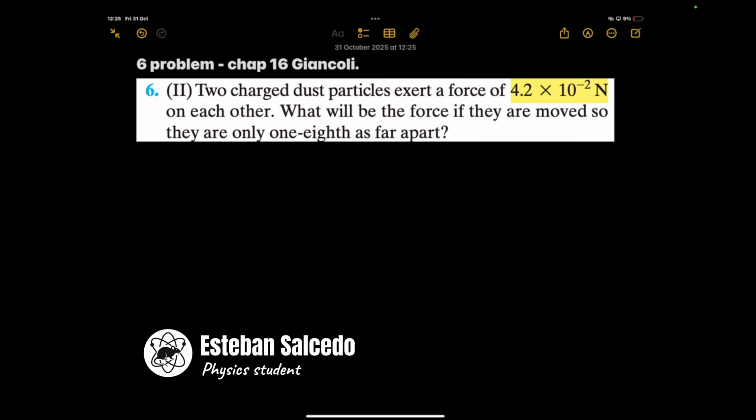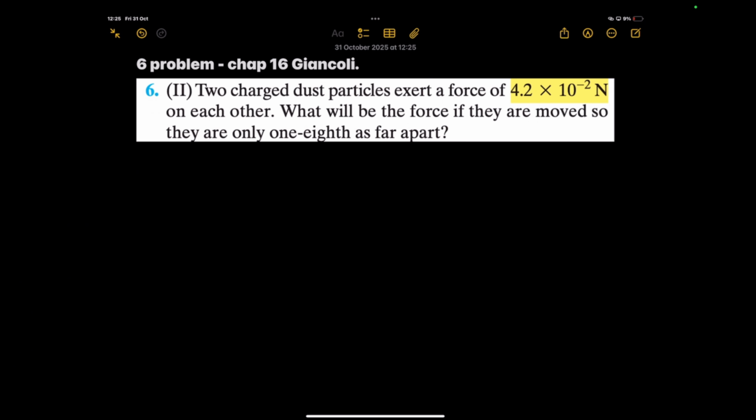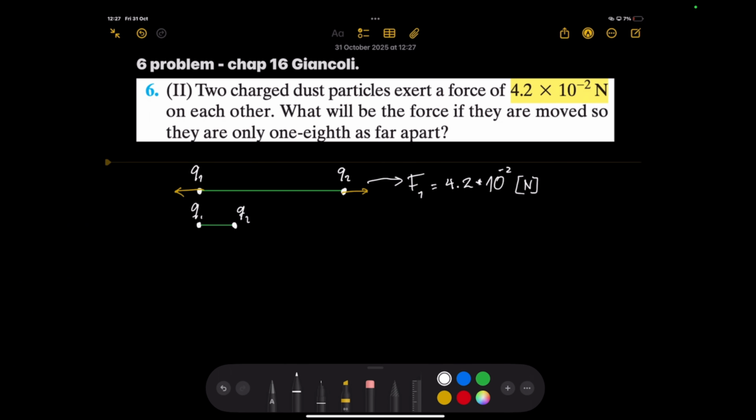And we're gonna be jumping right into problem number 6 from chapter 16 of Giancoli's book. So this is what the exercise is telling us. We have two particles. It's not telling us if they are repelling each other or attracting each other, but it doesn't matter right now. We're gonna assume they are the same kind.